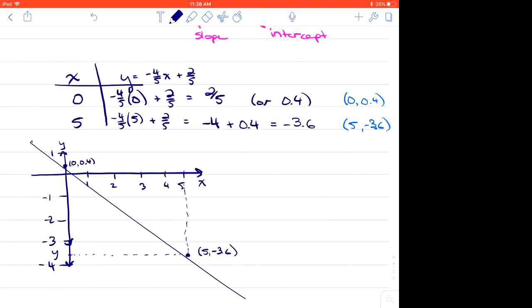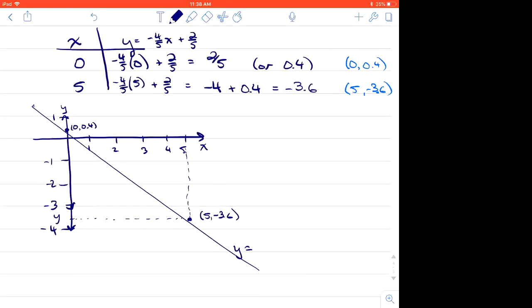I'd say it's still pretty good. Now we've sketched the line of y equals negative 4 over 5x plus 2 over 5.